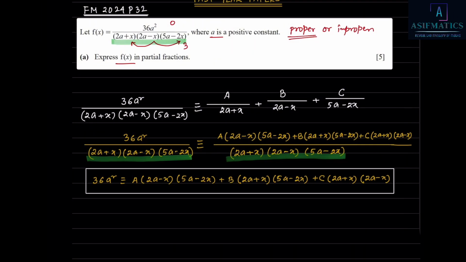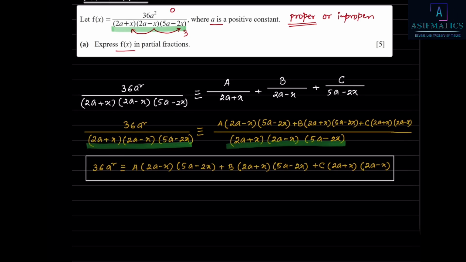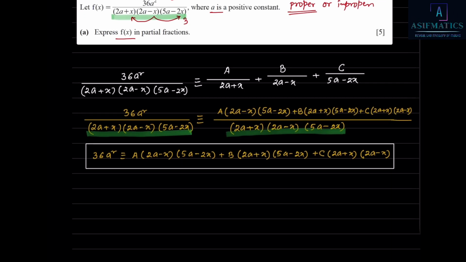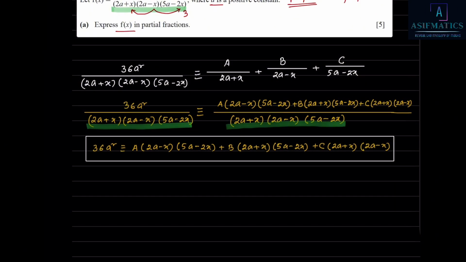Now we need to find the values of A, B and C, and we will take one factor at a time as 0 to get the values. So let's say we want to find the value of A. We can take this factor 2a + x as 0.